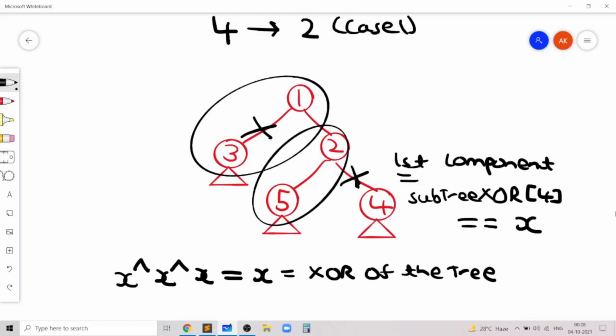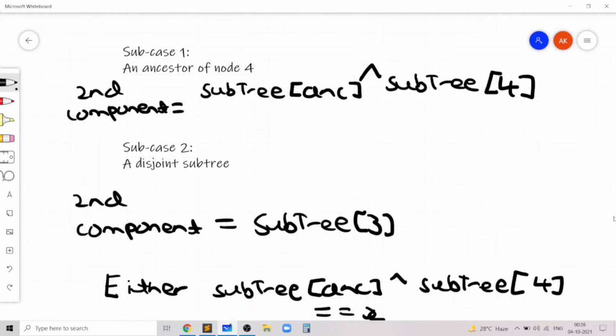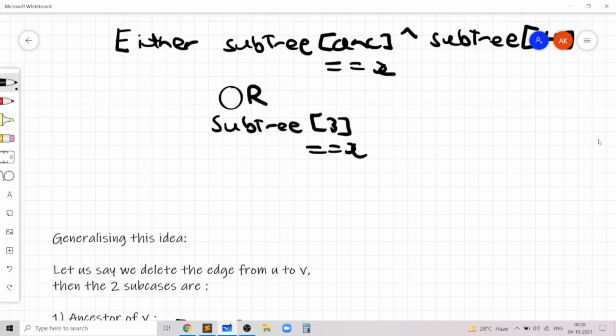And notice that the whole subtree of 2 will have a XOR equal to the subtree of 2, and then we need to minus out the subtree of 4. So to minus out the subtree of 4, we basically take the inverse of the XOR operation, which is XOR itself, and that's why to minus out the subtree of 4, we take XOR with the subtree of 4. So that's why what we were doing in the first case was valid.